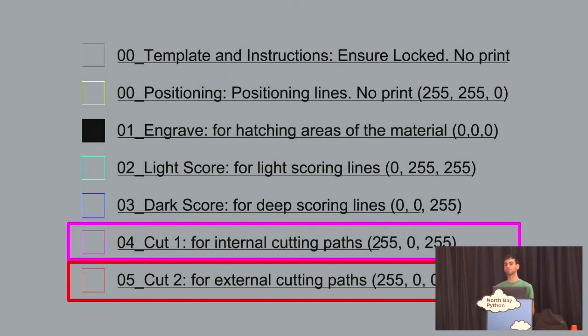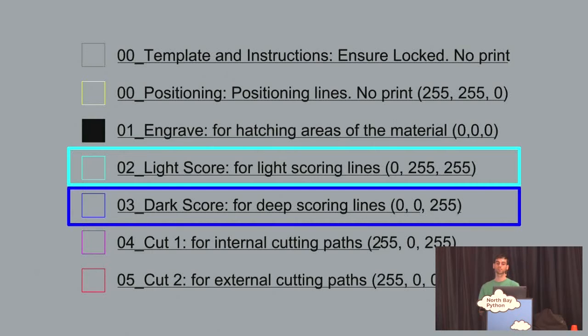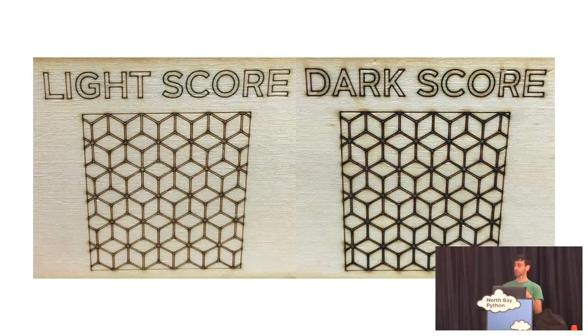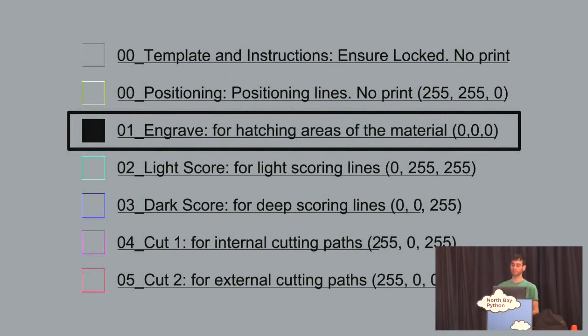And so while red and magenta tell the cutter to cut, blue and cyan tell the laser to use less power or a different speed, so that it scores instead of cutting right through the material. And finally, there's this engraving option, which turns up the speed, turns down the power, allowing for etching of anything that isn't a line, kind of like a normal printer.